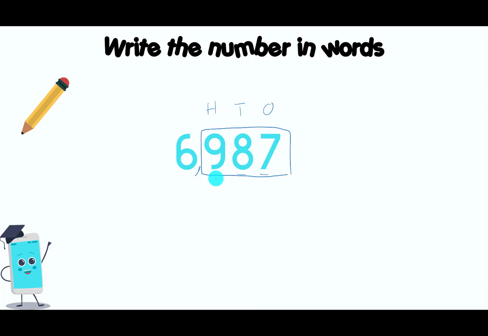So in year 4, you only need to know up to the thousands, as long as you can separate them into groups of 3. So I've got my first group of 3 here, and I've put my comma in, and I like to use the comma and replace the word comma with 1,000. So I've got 6,987.